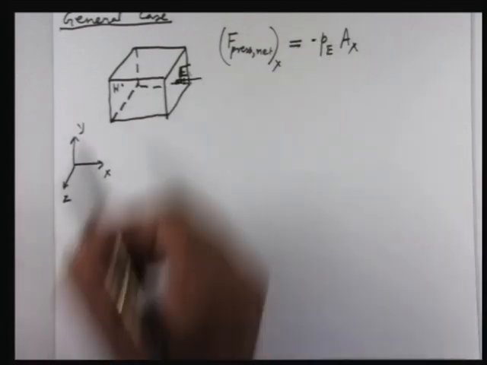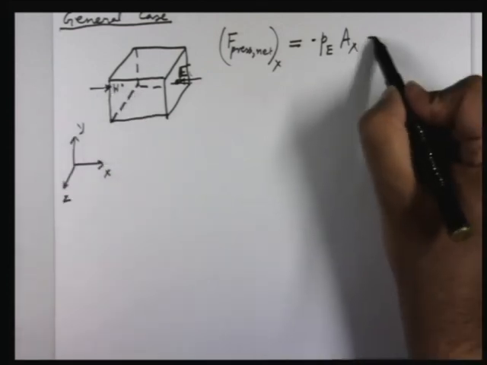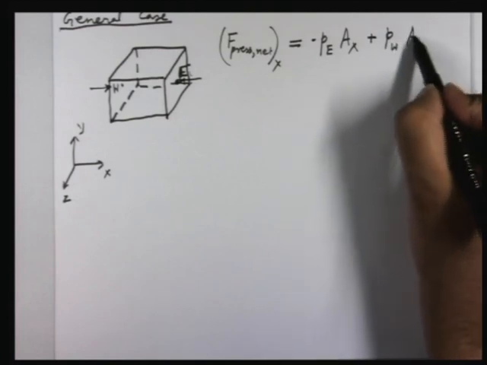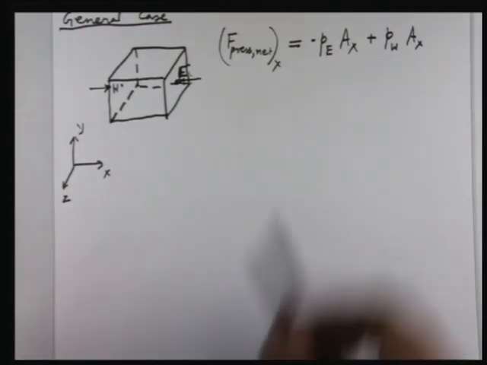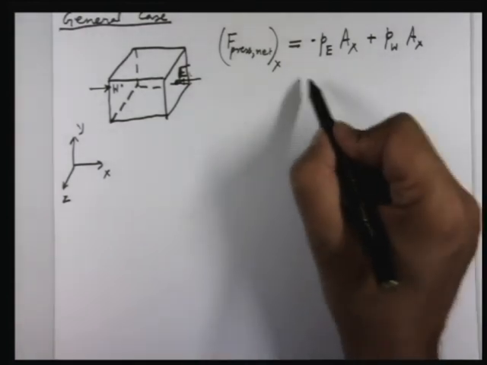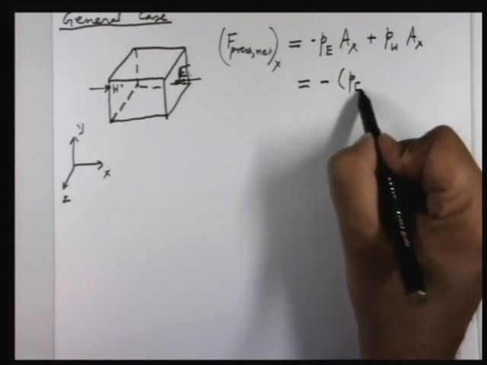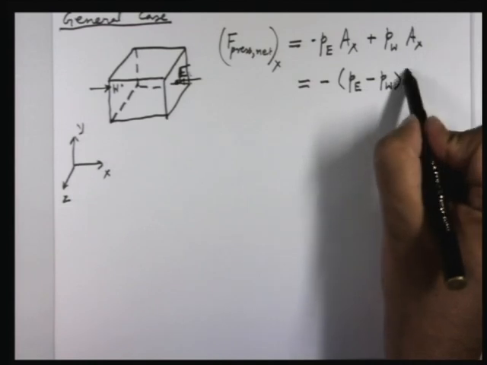And the force here will act this way, so plus P on the west face into Ax. So what we want is, if you factor out the minus sign, minus (Pe minus P west) into Ax.